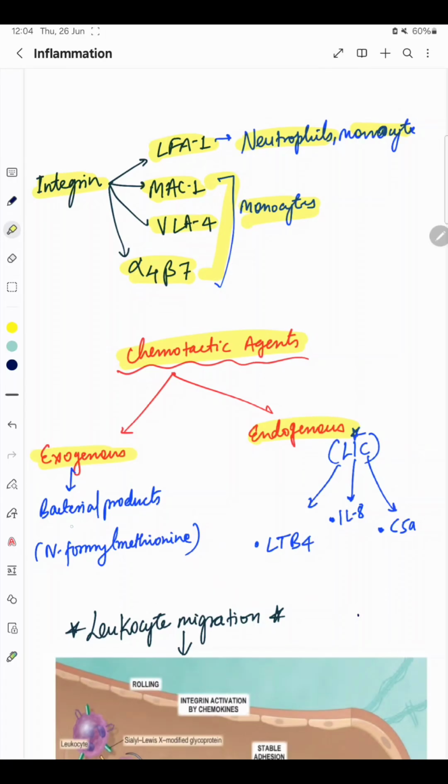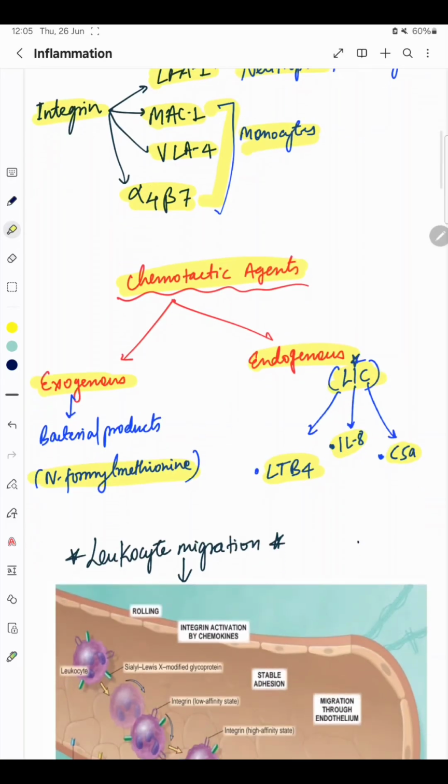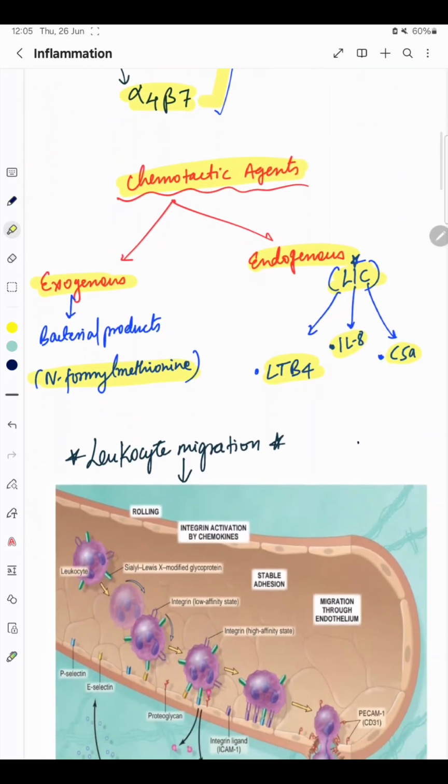Exogenous chemotactic agents are bacterial products, for example N-formylmethionine. For endogenous chemotactic agents, the mnemonic LIC is used: L for leukotriene B4, I for interleukin 8, and C for C5a complement protein.